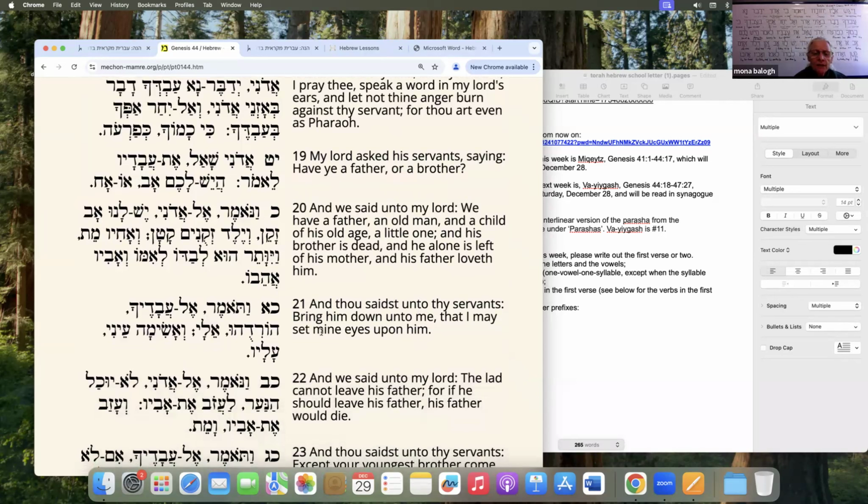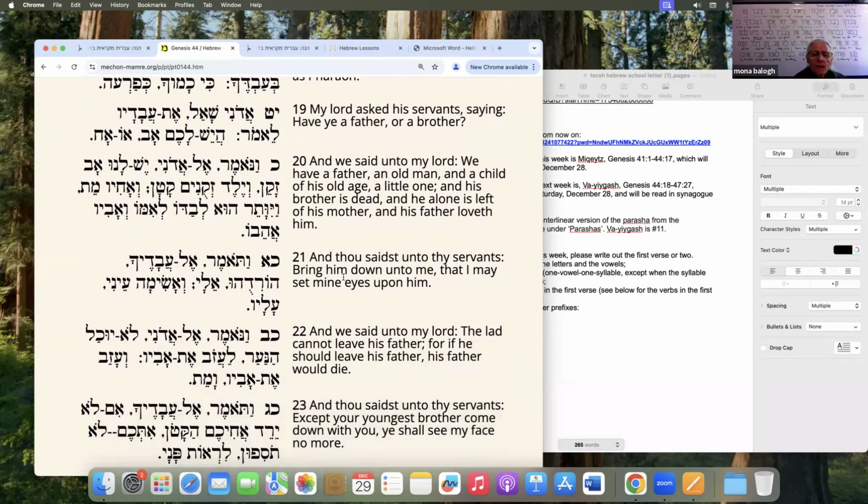And you said to your servants, bring him down to me, that I may set my eyes upon him. Okay, again, Judah is stepping forward here. He's taking the lead, and he's talking to Joseph, not knowing that he's the viceroy of Pharaoh. Okay, okay. And we said to my Lord, the lad cannot leave his father, for if he should leave his father would die.